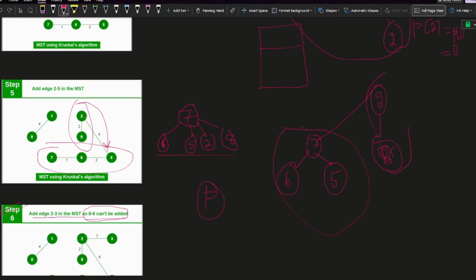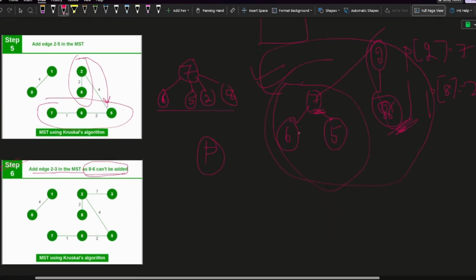As soon as I connected 2 to 5, 5's parent is 7, so 2 represented its parent, P of 2, to be 7. However, P of 8 is 2. So if I were to find the parent of 8, it should give me 7, because all of these should give me the same result. I really hope you're understanding what I'm trying to say.